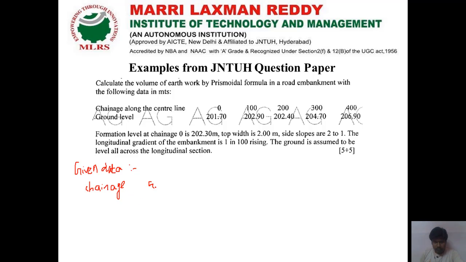So chainage is 0 meter, 100, 200, 300 and 400.